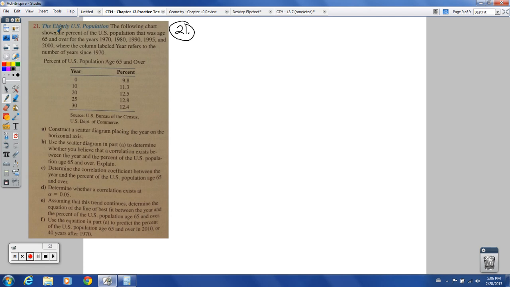The following chart shows the percent of the U.S. population that was age 65 and over for the years 1970, 1980, 1990, 1995, and 2000, where the column labeled year refers to the number of years since 1970. Okay, so this is the years since 1970, and this is the percent of people that were 65 or older. So it's getting higher every year until more recently, and then there's a little drop off here.